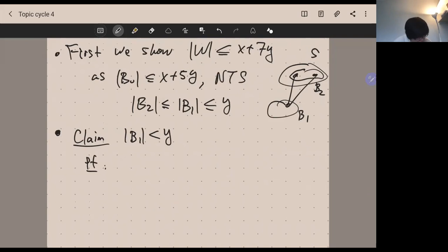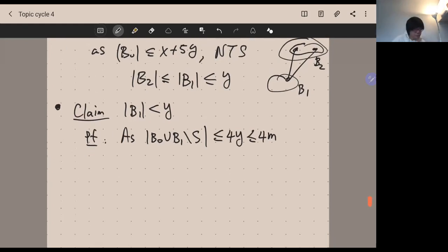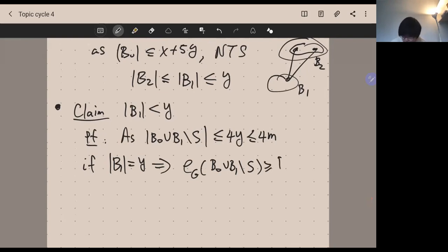Okay. Well, my note says, I think, contradict some maximality, as B0 union B1 minus S is at most 4Y. This is because B0 outside of S is 3Y and B1 is at most Y, okay? And we have a bound on Y, which is M in the hypothesis of the lemma. So if B1 equals Y, then this will imply that the number of edges induced on these is at least dY over 2.